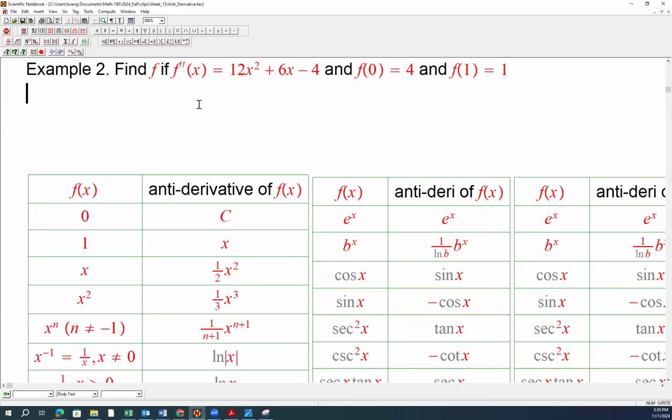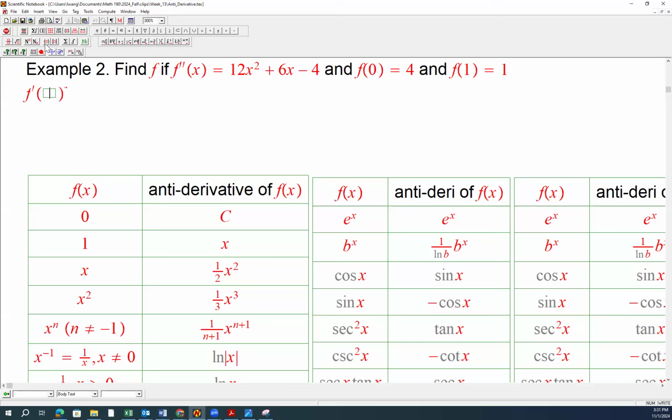So this time we need to do antiderivative twice. The first one is we get f prime. f prime is an antiderivative of f double prime.